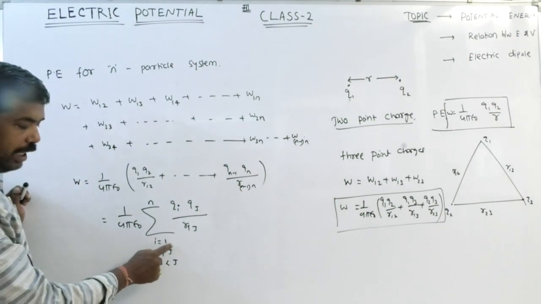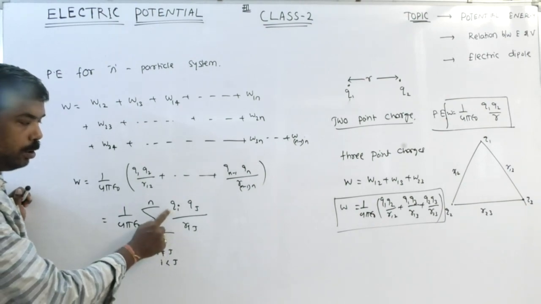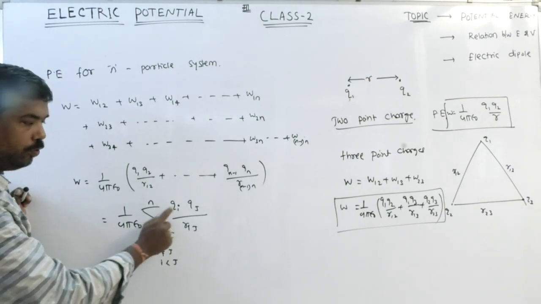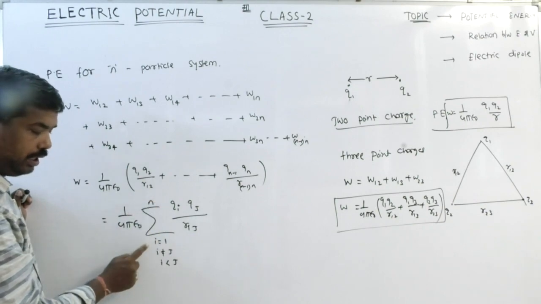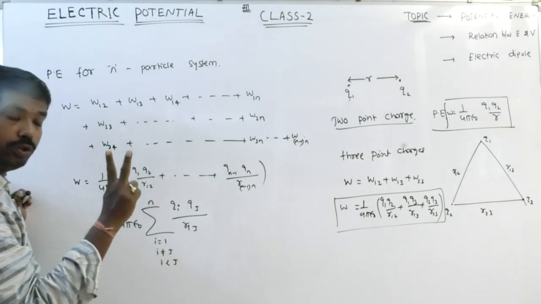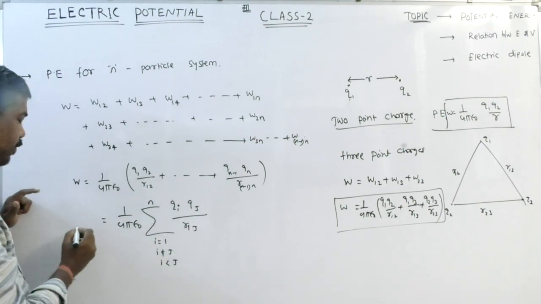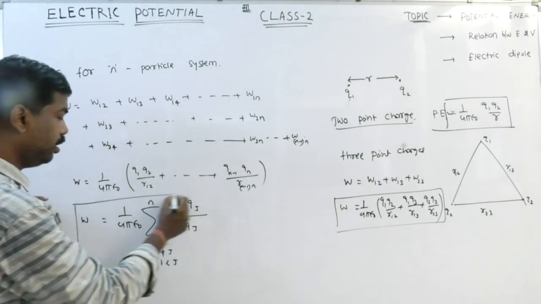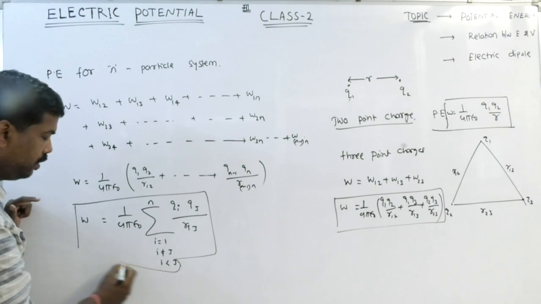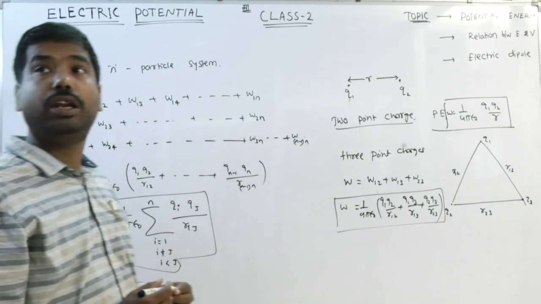Listen to me. When i is equal to 1, j is 2, 1 2, 1 3 up to n. Then i becomes 2, 2 3. In such a way, we can find out the net potential energy.